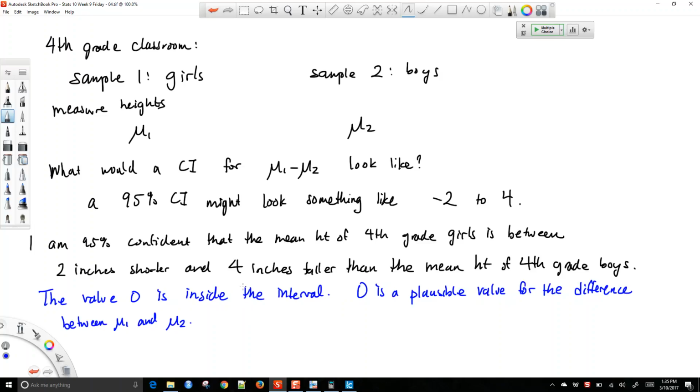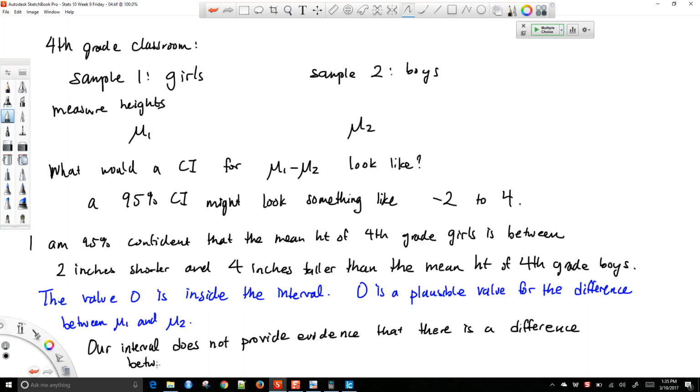This means that our interval does not provide evidence that there is a difference between the mean height of girls and boys in 4th grade. Does that make sense there?